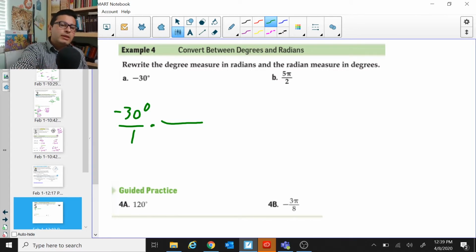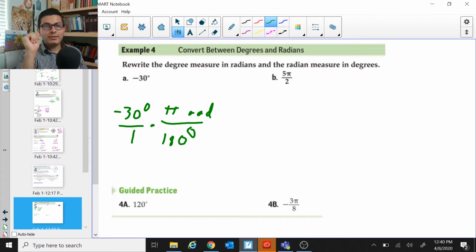So in that case, degree is going to be on the bottom, because I know that anything on the bottom of a fraction will cancel anything that's on top of the fraction if it's the same. So since a degree has to be on the bottom, I know that's going to be 180. And on the top, that only leaves one thing. That's going to be pi radians. I'm just going to put rad because math is cool.